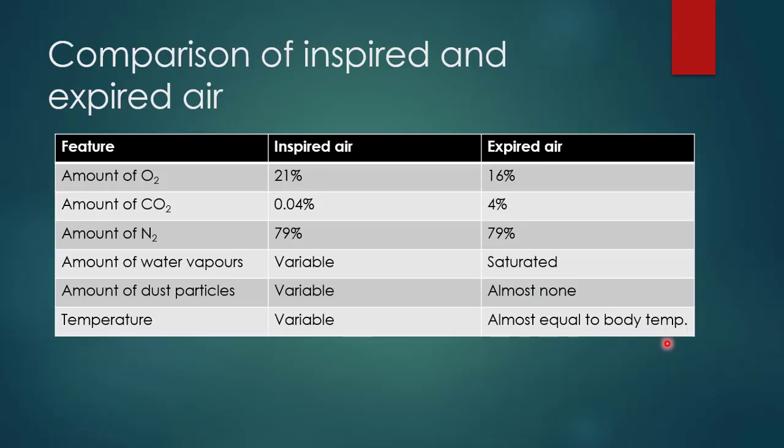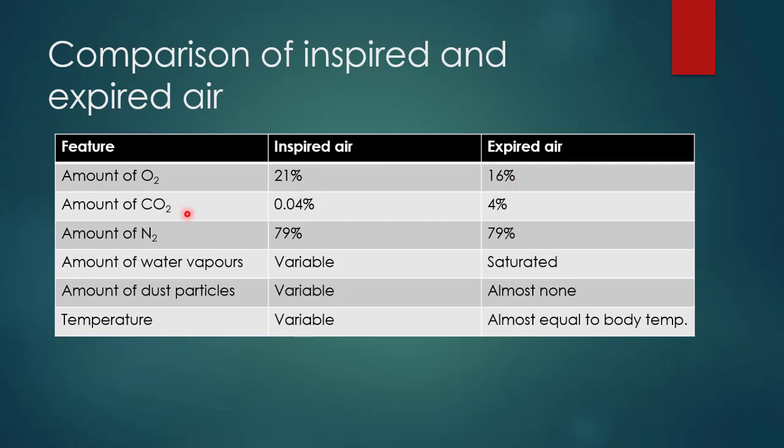Okay students, as we are talking about two different types of air, inspired and expired air, we have a comparison between inspired and expired air on the basis of some very common features. If we talk about the amount of oxygen, it was 21% in inspired air and 16% in expired air.